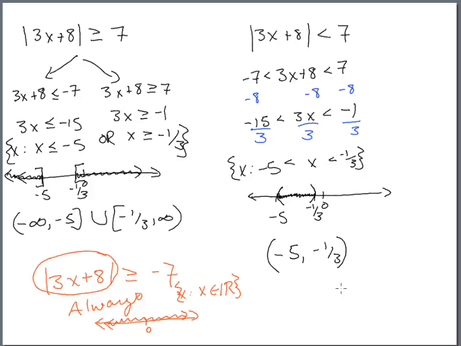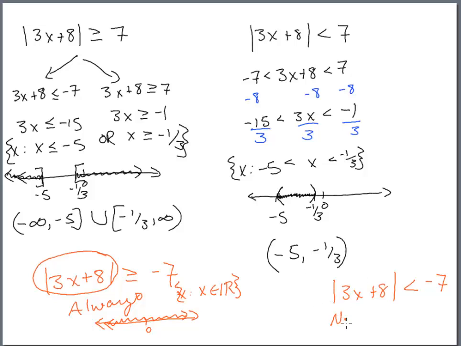So let's try one very similar. Absolute value of 3x plus 8 less than negative 7. Now here, this is positive. It will never equal a negative 7. It's always bigger than a negative 7. It is never smaller than a negative 7.